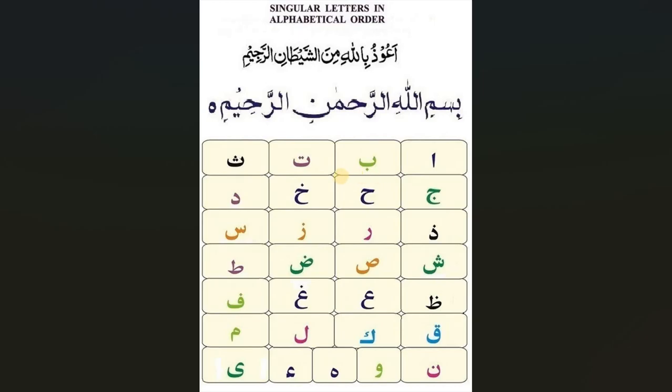So the remaining letters are all Ikhfa letters. Hope you got it. There are 29 total letters, and we already discussed 6 plus 6 plus 1, 13 letters for 3 rules. So all other remaining letters are Ikhfa letters.